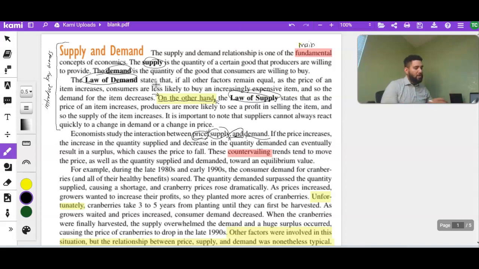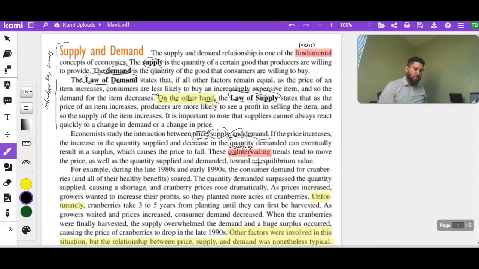So as we're reading through this, one of the key base words here is counter. That just means opposing. So one of the ways I would show students to decipher that word would be to say, okay, a portion of this word means opposing. So these opposing trends, use the words that you know and continue on with the reading so that you get the idea of what countervailing means.